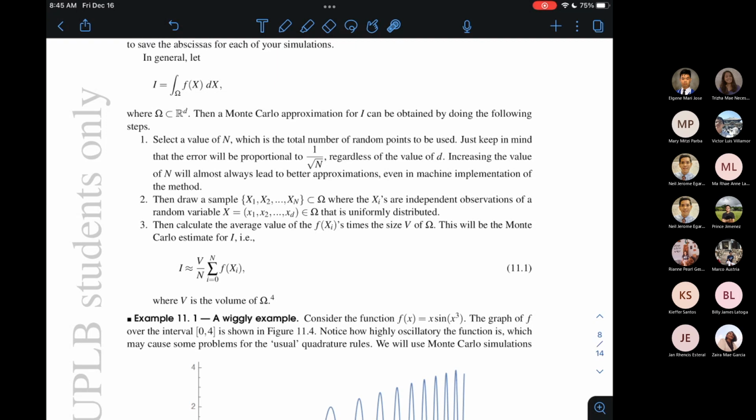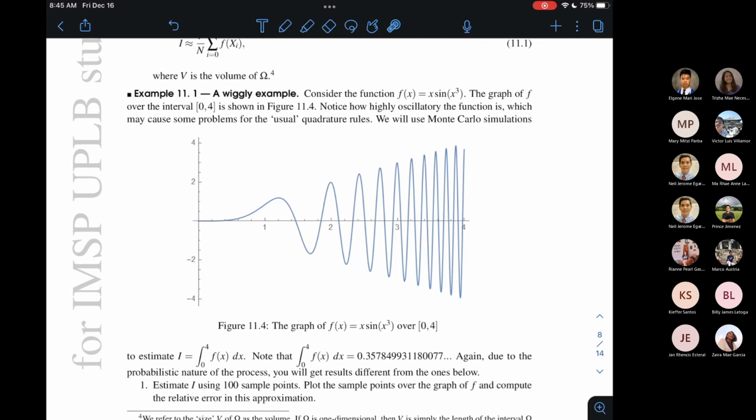And I think we experimented last time with a one-dimensional function, which is this highly oscillatory function x sine x cubed. And the graph is this, and you will right away see why numerical quadrature formulas, especially done when you have a small number of points in the quadrature formula, will fail, because if your mesh points, or your quadrature points or abscissas are to be chosen sparsely over the integration interval, then makikita nyo na hindi nyo makakapture yung oscillatory behavior nung function, right?